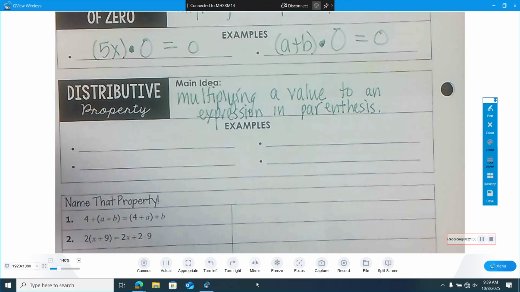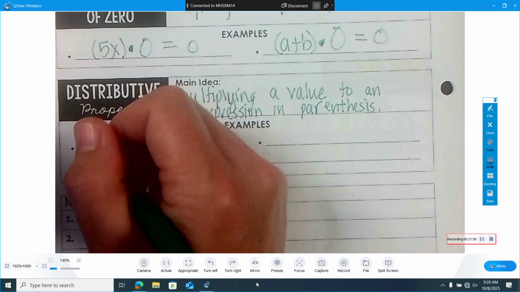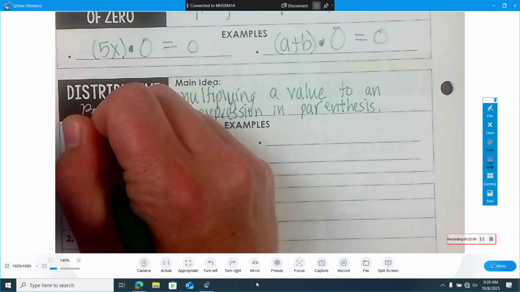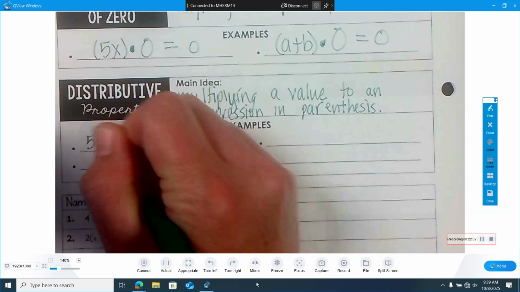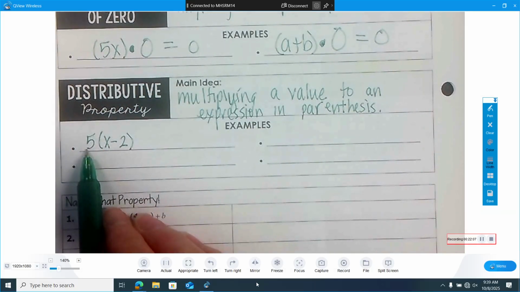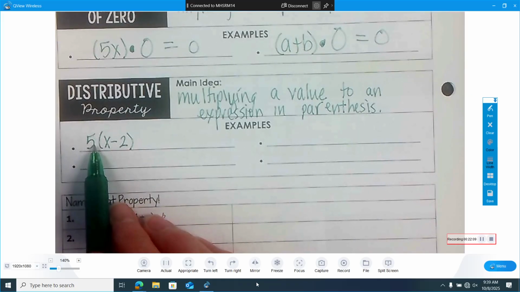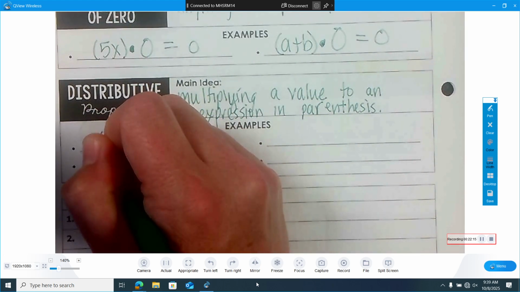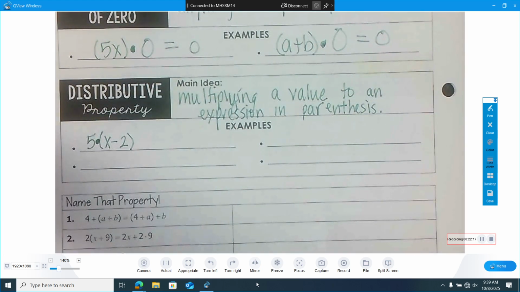All right, multiplying a value to an expression in parentheses. The distributive property we use all the time. So maybe it's something like this. We have 5, quantity x minus 2. What operation is between the 5 and the parenthesis here? Multiplication, always. There's a multiply sign, and that's very important.